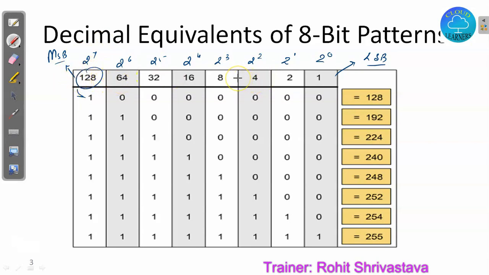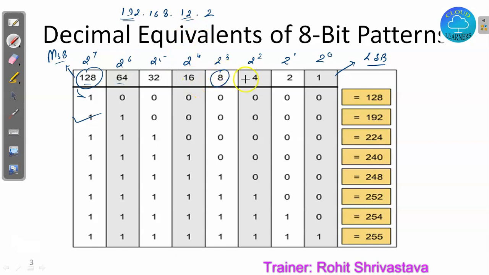Clear? So let's suppose my IP address is 192.168.12.2. We should know what 192 stands for. 192 gives us 11000000. How am I getting this? I am just adding these numbers, 128 and 64. Let's suppose I need to go for 12.